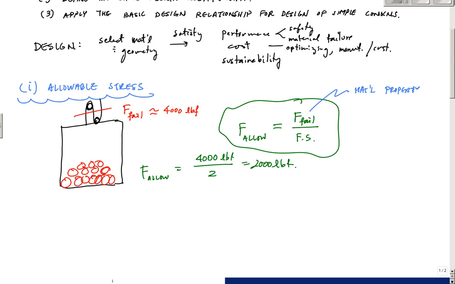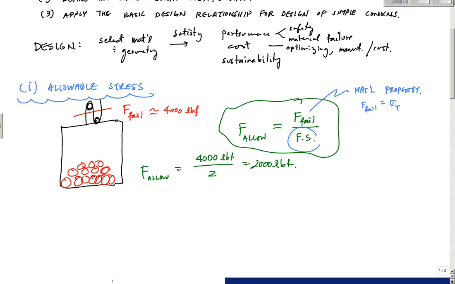For instance, we might define failure as yielding of steel or aluminum, and we'll say that F fail is the yield strength, sigma y, the yield strength of a material, and then the margin of safety is some standard or some limit that we can accept.